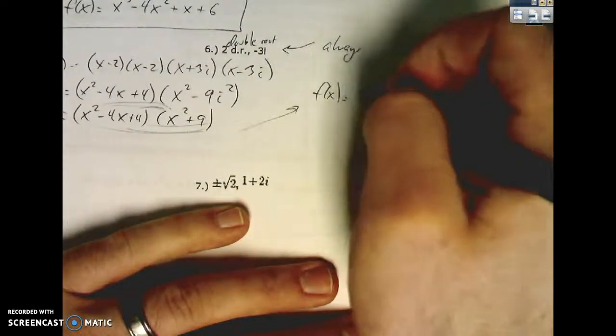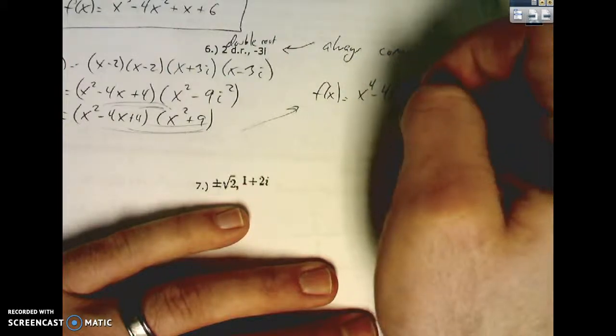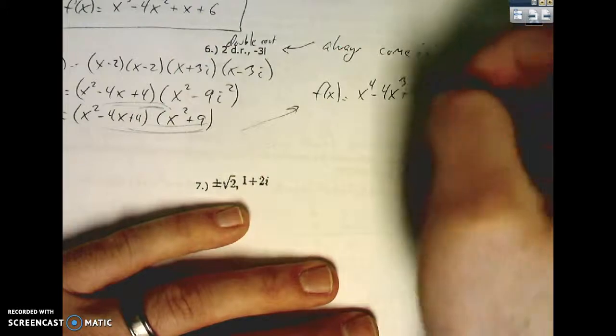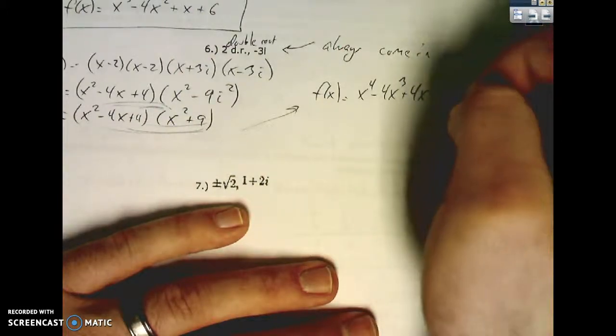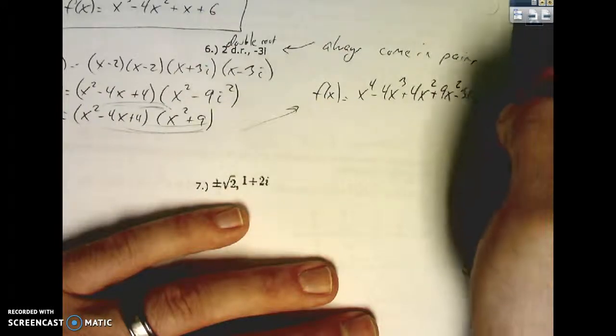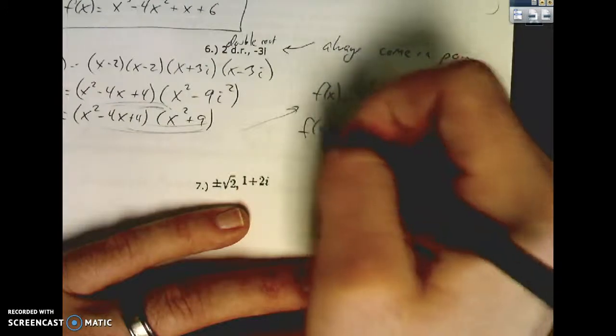f of x equals, let's see here, x to the 4th minus 4x to the 3rd plus 4x squared. I multiply the 9 across, plus 9x squared minus 36x plus 36. And then combine like terms.